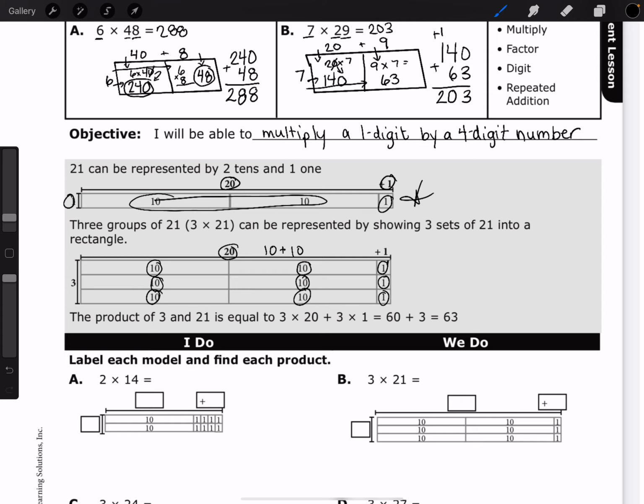So we have 6 10s, 3 1s, or we can have 3 20s, or 3 times 20, plus 3 times 1 is the same as 60 plus 3, and it also is the same as 63.